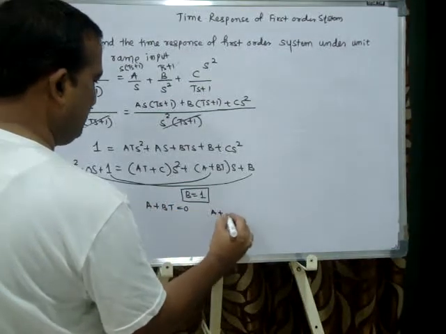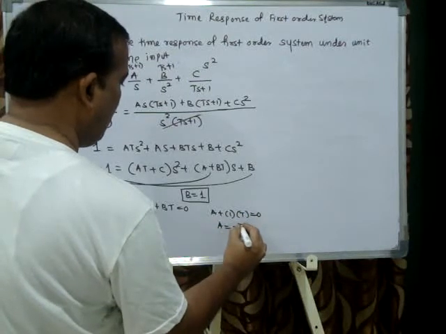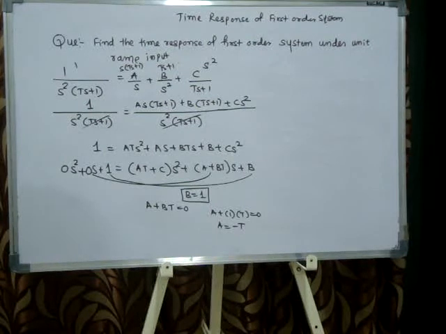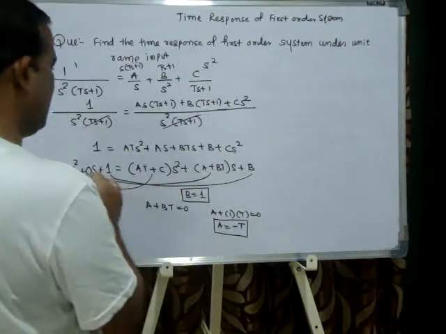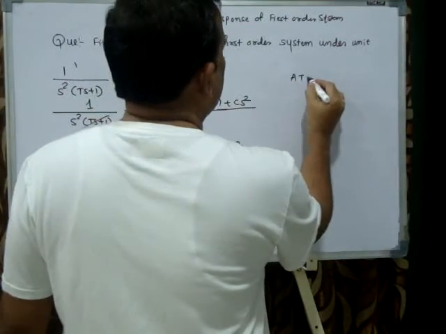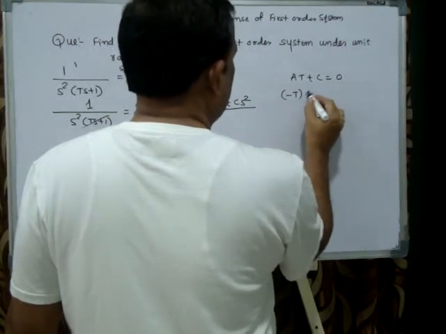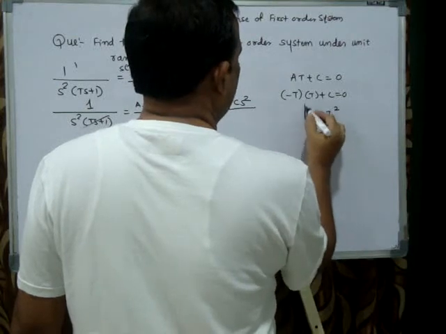So B is 1, A equal to minus T. Correct? Now you take the s square coefficient: AT plus C is equal to 0, then A is minus T, so C is equal to what? T square.